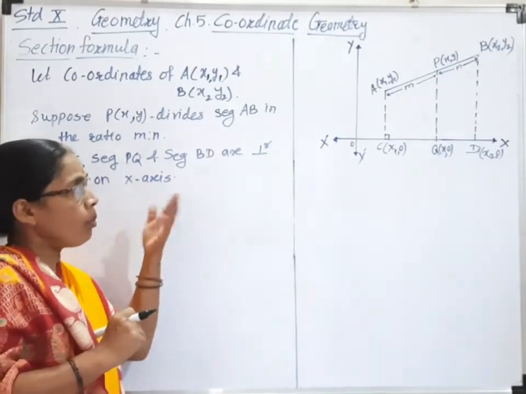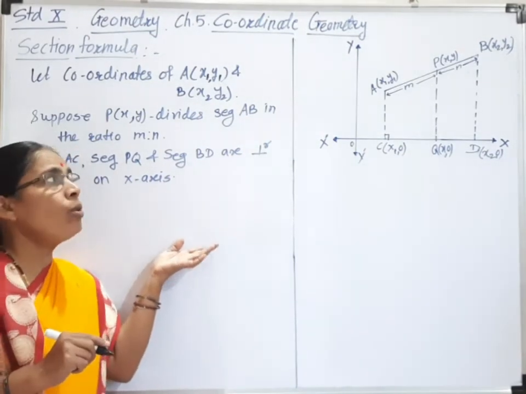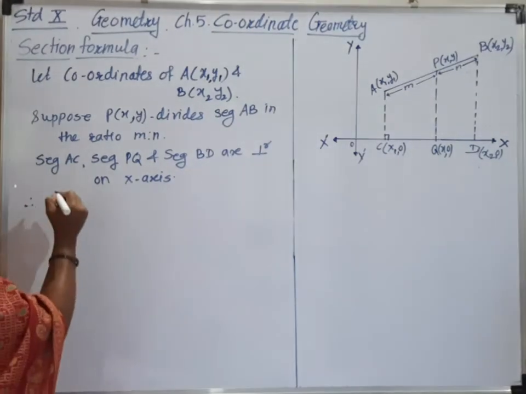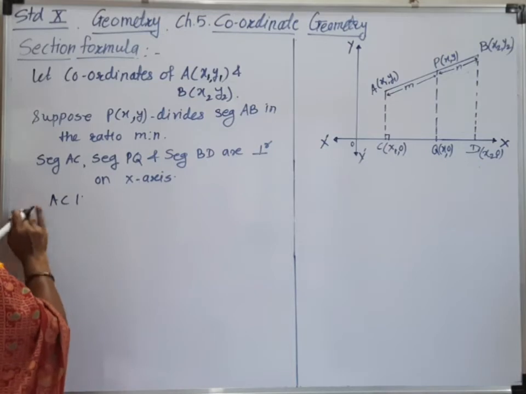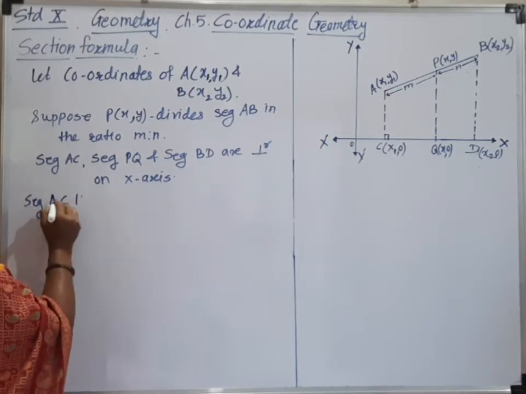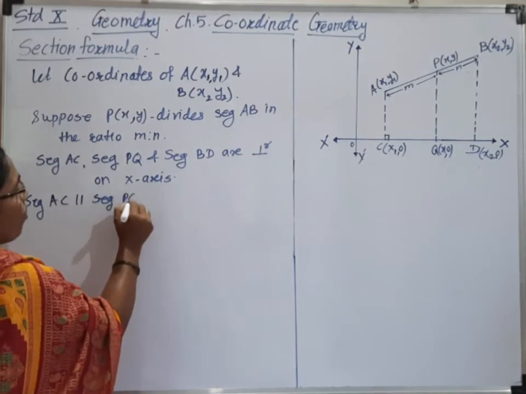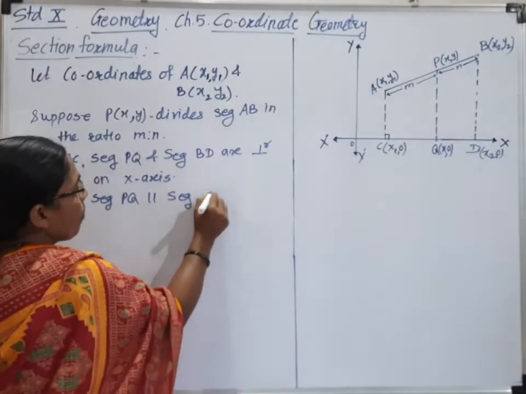If two or more lines are perpendicular on the same line, then these lines are parallel to each other. Therefore segment AC is parallel to segment PQ is parallel to segment BD.